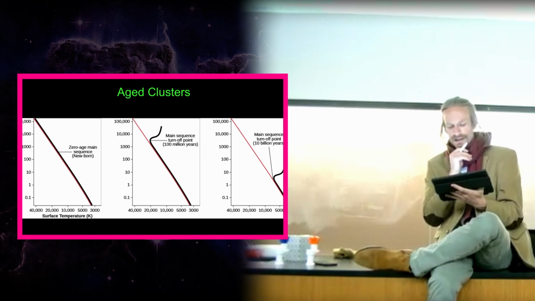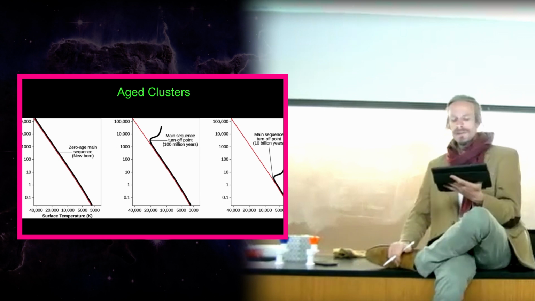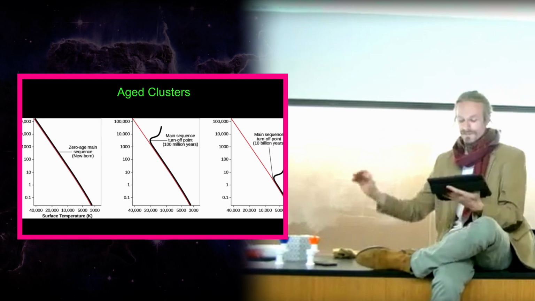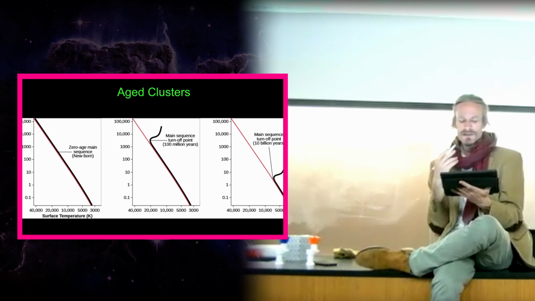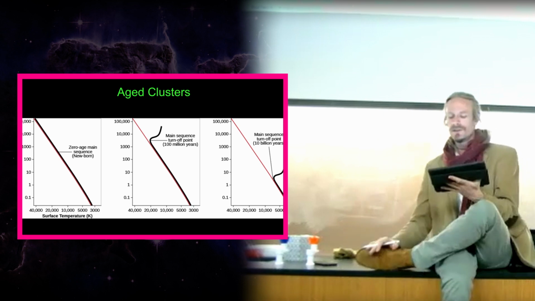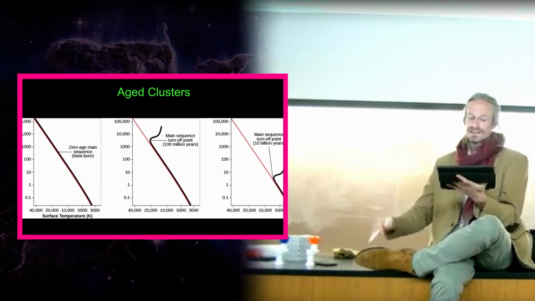It turns out that all the clusters have main sequences that turn off at a luminosity that's less than the sun. And the star formation has ceased in all of these a long time ago, and they're starting to actually be replaced with red stars.